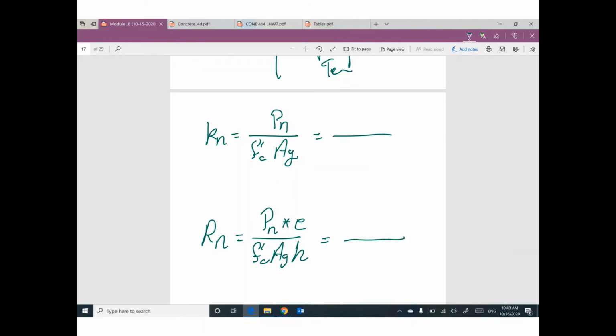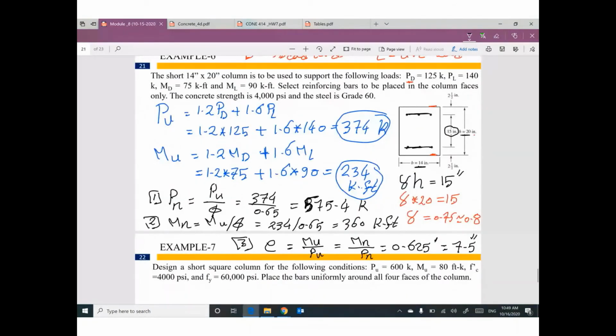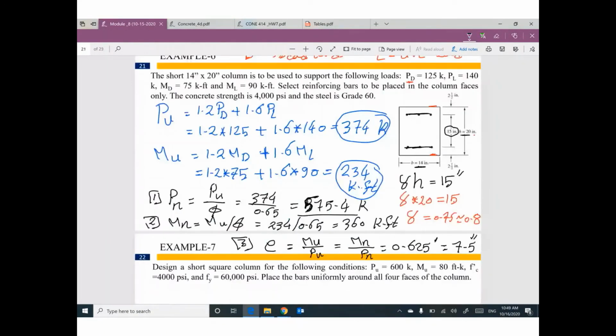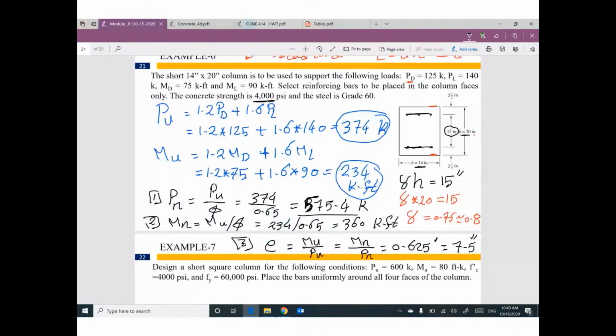Pn 575.4. F prime C for this column 4,000. Area gross for this column, how much? 20 times 14.